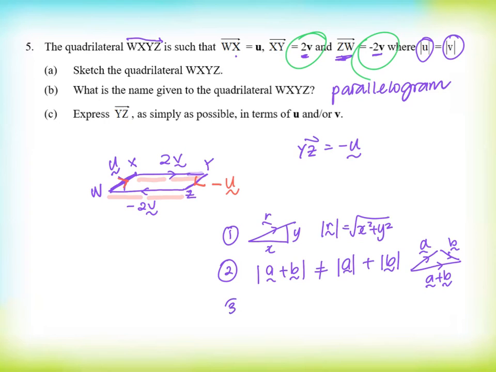And thirdly, the magnitude of a positive scalar multiple and a negative scalar multiple of the same vector are the same. The sign does not have an impact on the length of the magnitude of the vector.